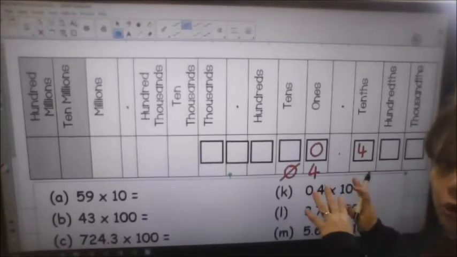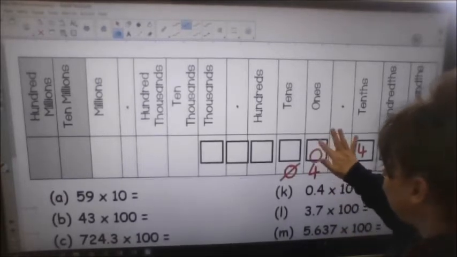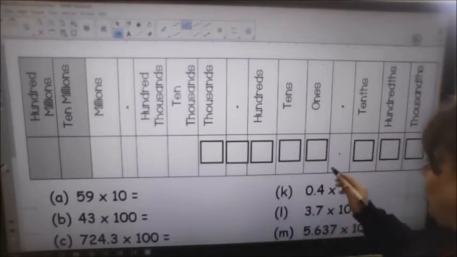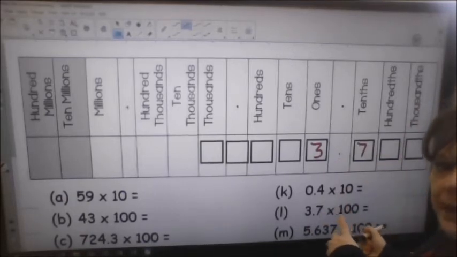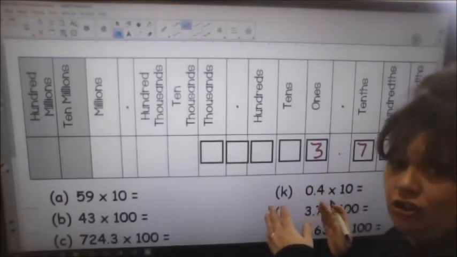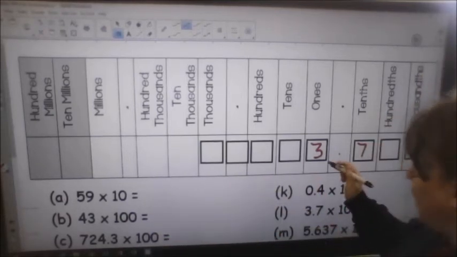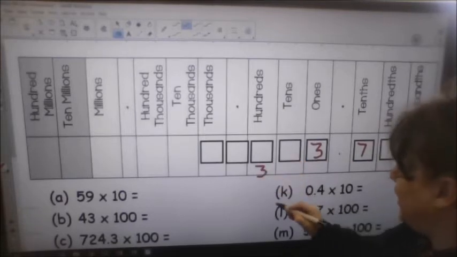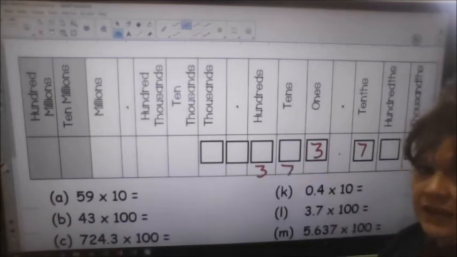Let's have a little look then at 3.7 times 100. So I've got 3.7 and I'm multiplying it by 100. This time my digits are going to move 2 places to the left. So 1, 2, my 3 ends up here. 1, 2, my 7 ends up here.